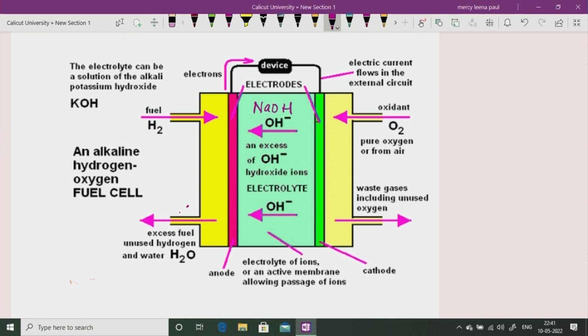So, both hydrogen and oxygen enter through the graphite electrodes into the alkaline solution, and here occurs the electrode reaction and potentials are developed at both the electrodes, and you can connect it out and take the potential.